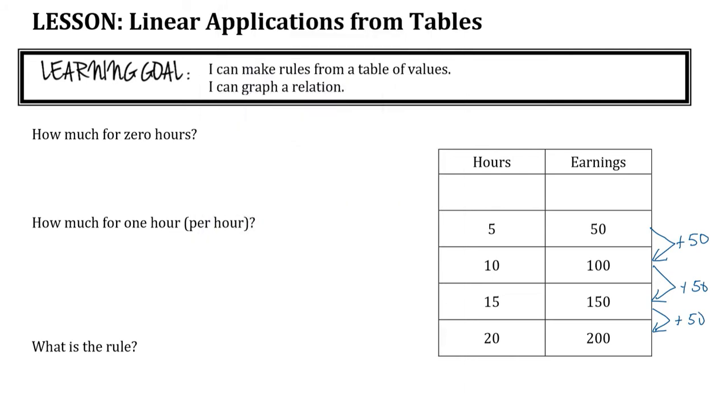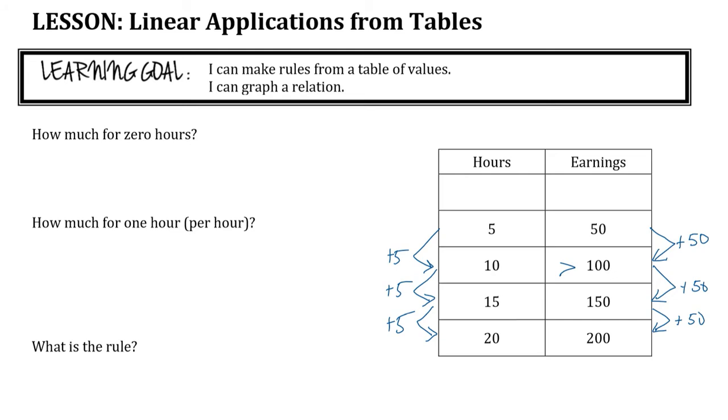But that doesn't mean I'm getting $50 per hour here, because this increase of $50 happened in more than 1 hour. So this is an increase of 5 hours. This is an increase of 5 hours. And this is an increase of 5 hours.